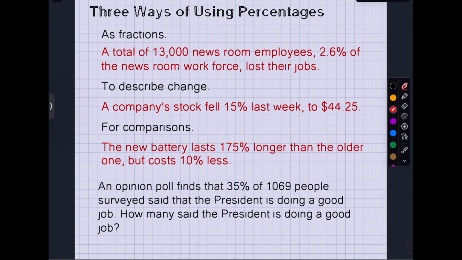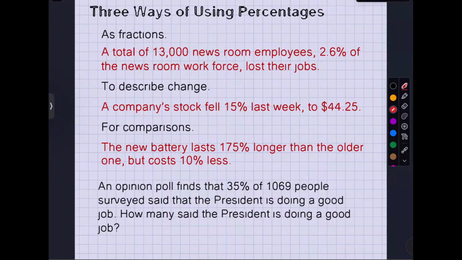All right, so as a fraction, describing change and for comparison.